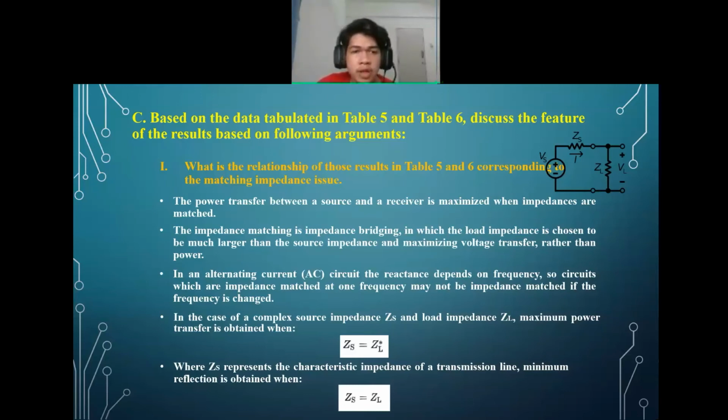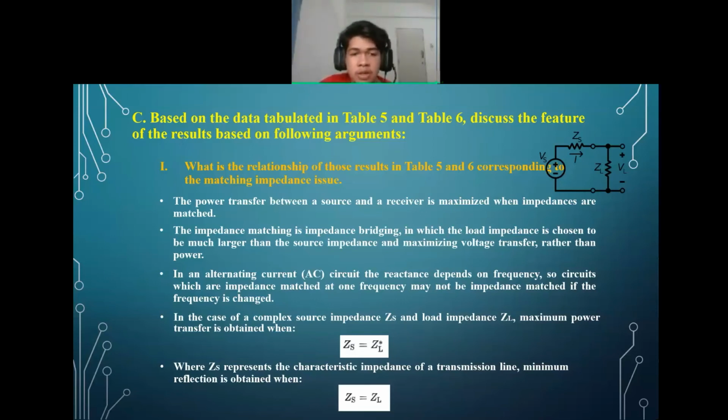The other impedance matching is when the load impedance is chosen to be much larger than the source impedance to obtain the maximum voltage transfer rather than maximum power. In an alternating current AC circuit, the impedance depends on frequency. So a circuit which is impedance matched at one frequency may not be matched if the frequency is changed.